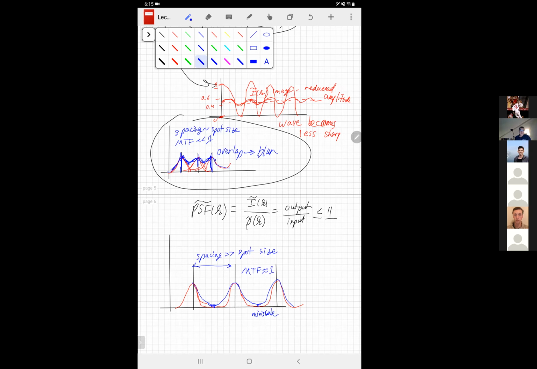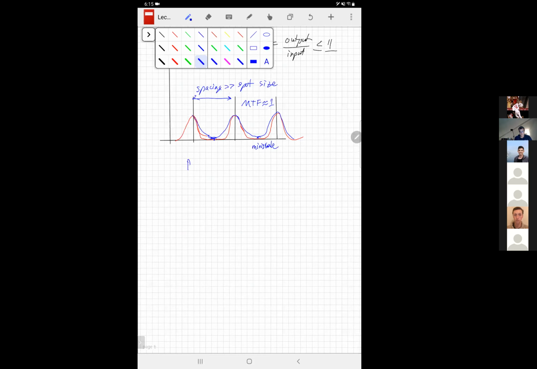Instead of talking about spot size, some people will talk about the inverse of the spot size. So they'll talk about the number of lines per millimeter, or 2 pi over the size, i.e., radians per millimeter.